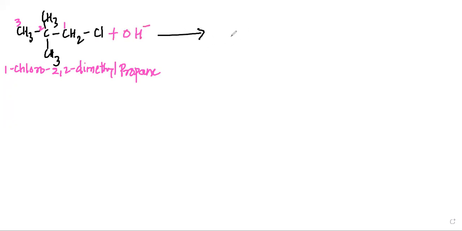we get this product. We can say we have aqueous KOH with us, or we can write it as KOH aqueous. We'll get this product.